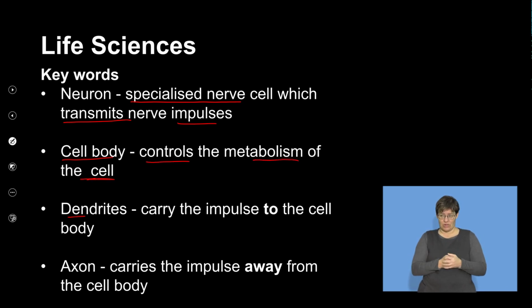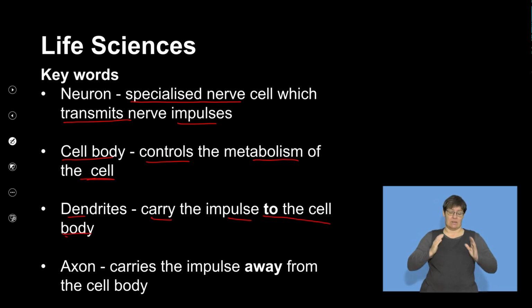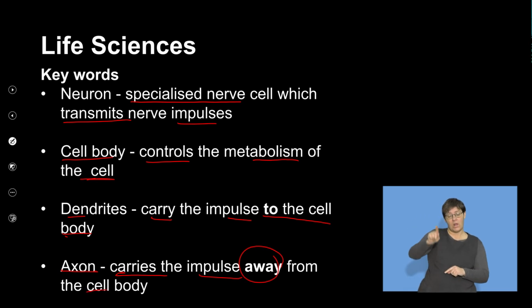Then the dendrites, we did see the dendrites at the beginning. They carry the impulses to the cell body. And we've got the axon that we talked about when we started. We say this axon carries the impulse away from the cell body, the dendrites to the cell body, the axon away from the cell body.